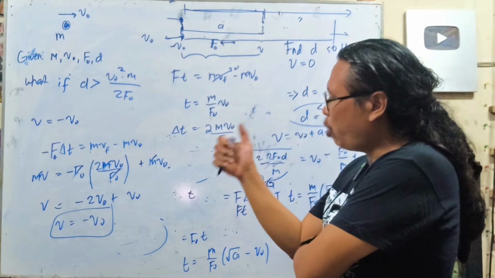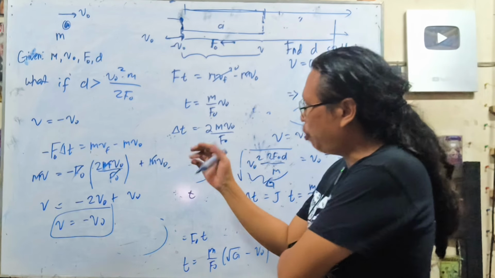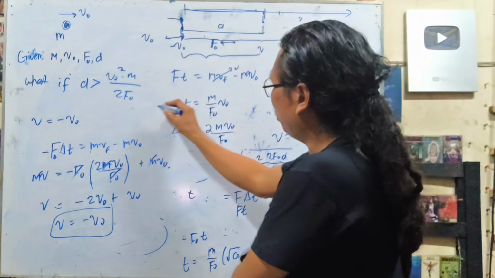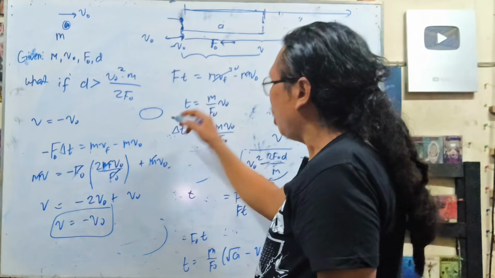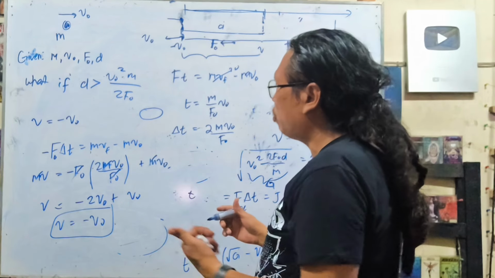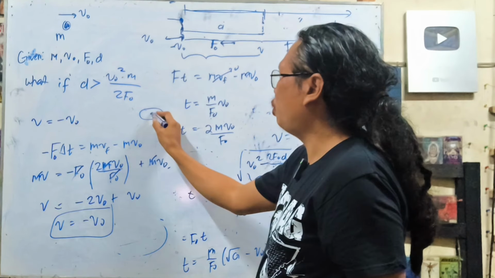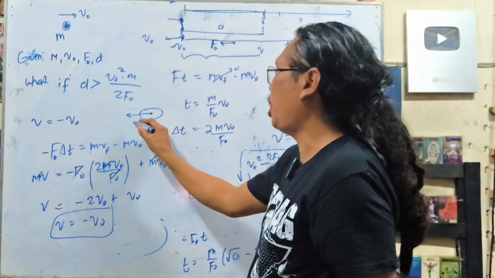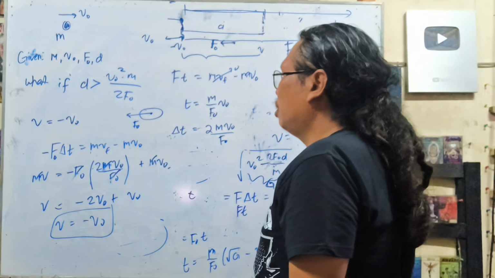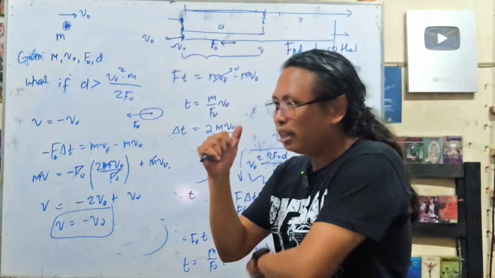Let's say that we're driving a spaceship, and once we turn on that button, there is a force in the opposite direction, and that magnitude is F naught.